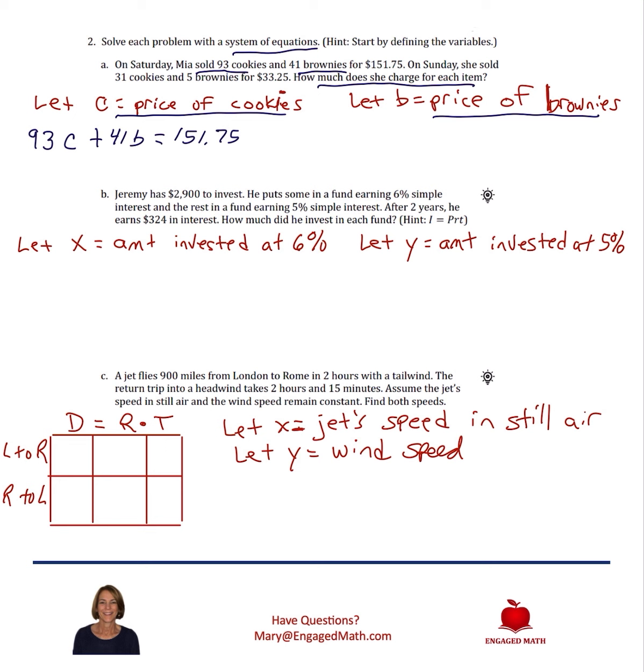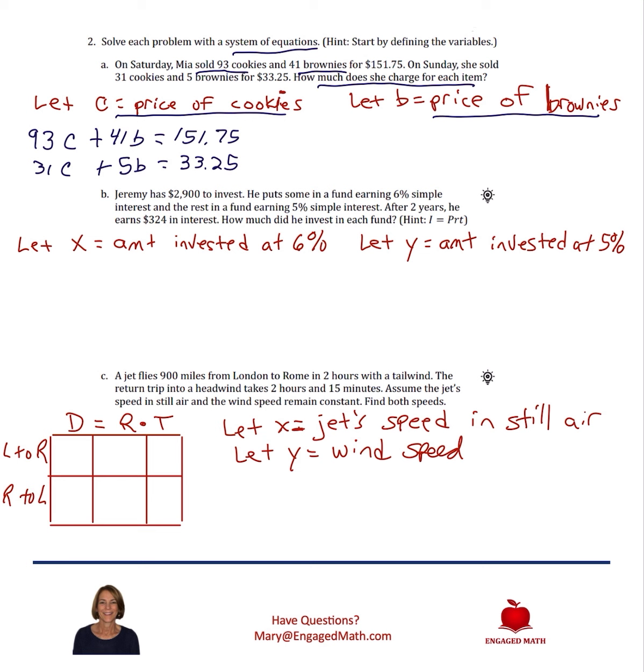On Sunday she had a similar situation, but she only sold 31 cookies and 5 brownies, and she made a total of $33.25. Our goal is to use these two equations to solve for both C and B, the price of cookies and the price of brownies.